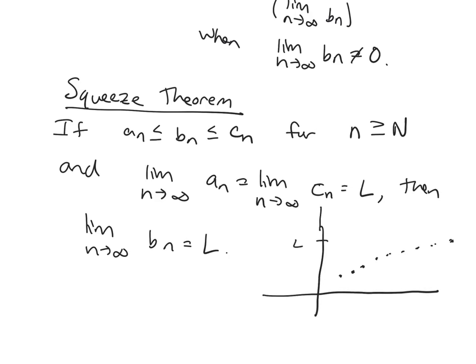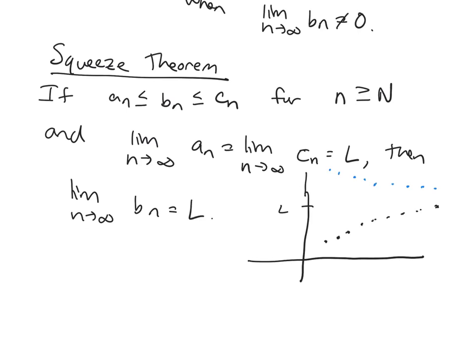And then c sub n, because of the inequality, it's forced to be larger than this sequence a sub n, so it's going to be maybe down here, or sorry, up here, and it also has limit L. So it's converging to L. So what's happening is this sequence b sub n, it's trapped in between these two sequences.